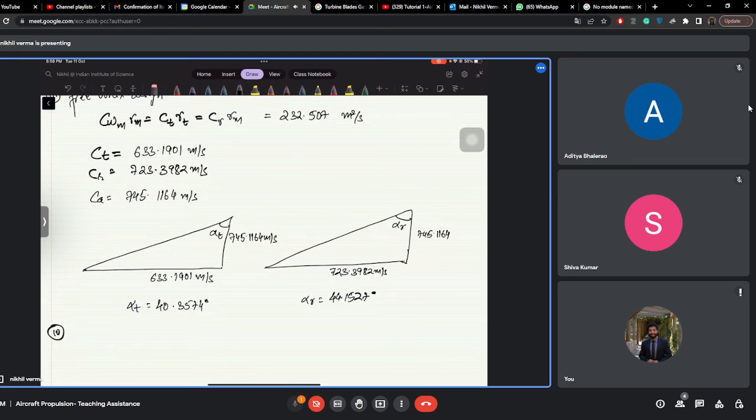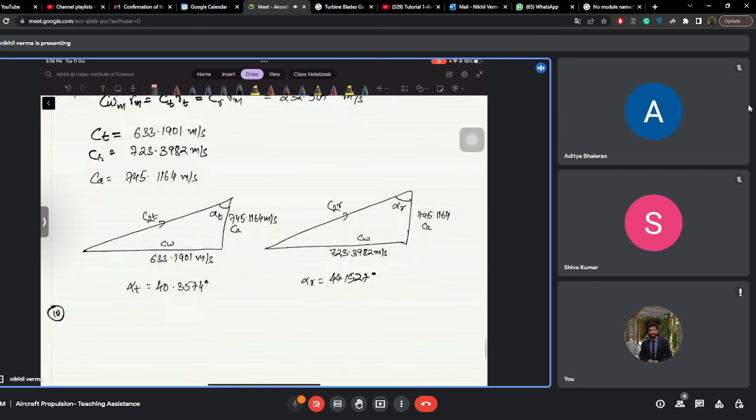Okay, so now what you have is this is your C axial. This is CW. This is your C2 at the tip. This is C2 at the root. Okay, so with this, you can calculate what is the CW2.